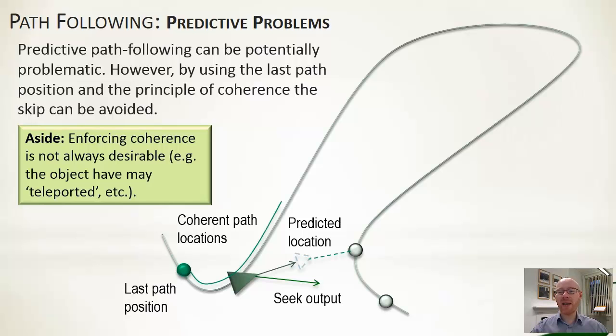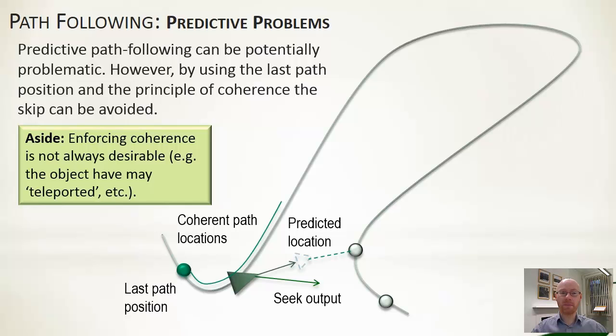And if we have a path that has this type of looping structure, the future position we might map onto a position on the path that is quite far away from the current position. So you can see there we've mapped it onto the other side of the loop. I'm predicting a point ahead of that and then seeking towards it.